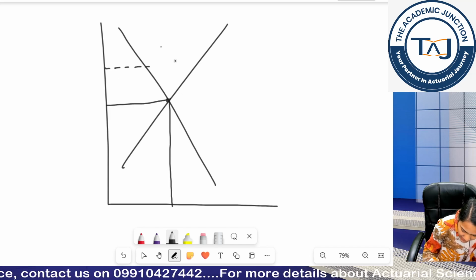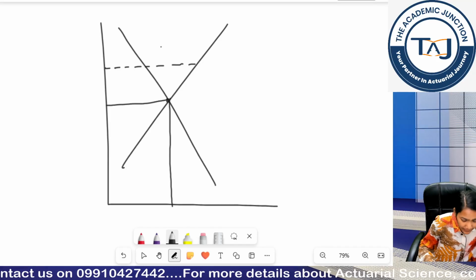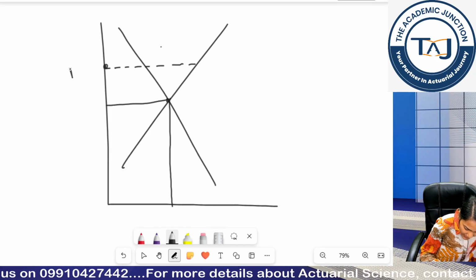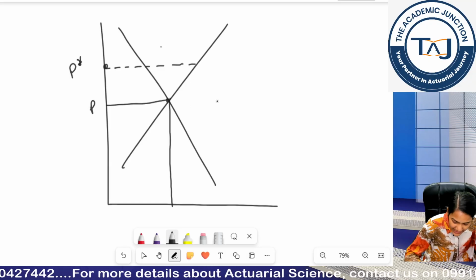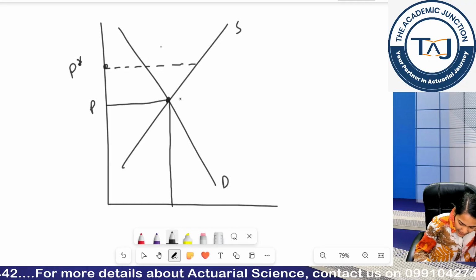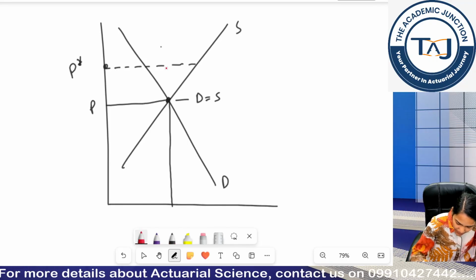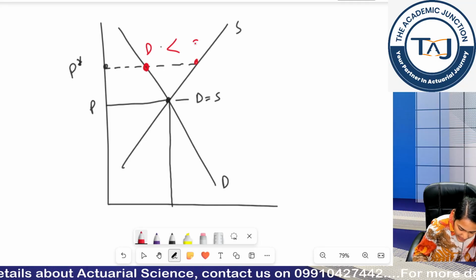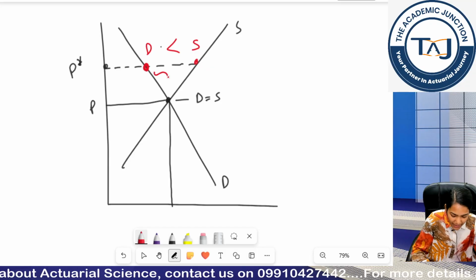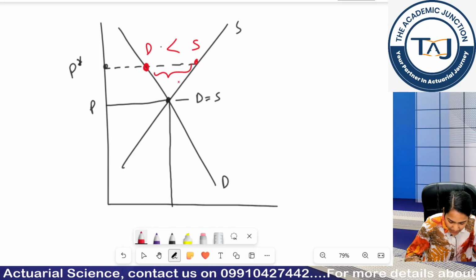So this is the price set by my government. I can call this P star, which is set by the government. So what is actually happening? This is my demand, this is my supply. Here my demand was equal to supply, but here my demand is less than my supply. When demand is less than supply, what will happen in the market?